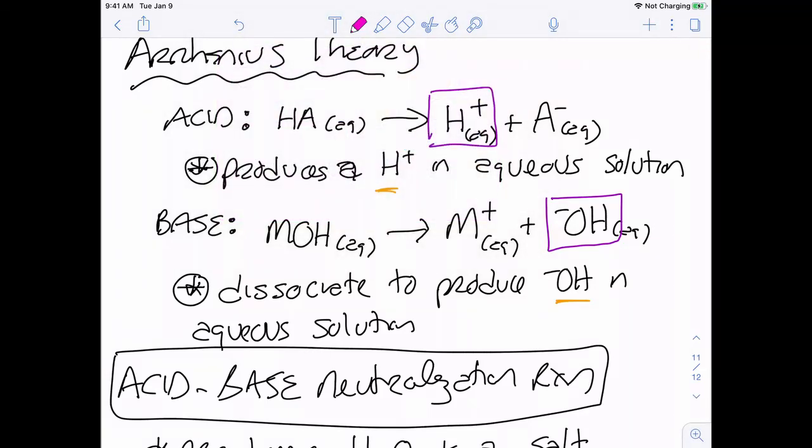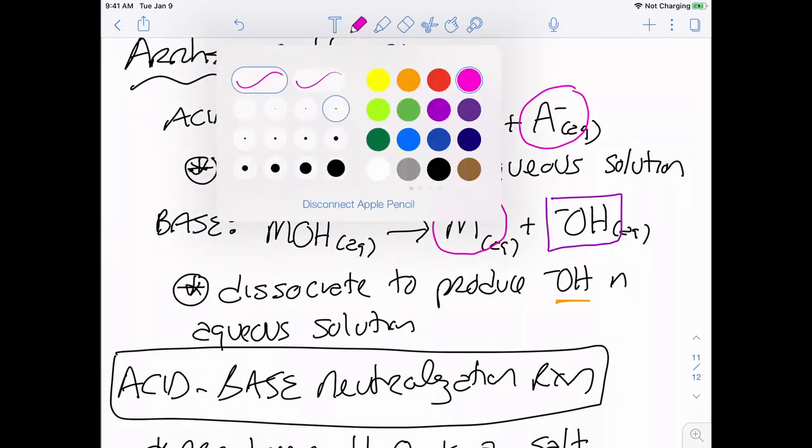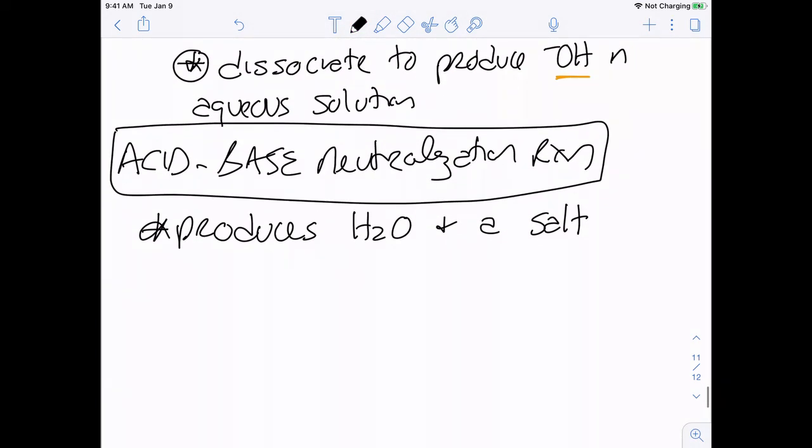And then we're going to take the metal cation and combine it with my anion, and that's going to give me my salt. So it is a type of double replacement reaction if you want to think about it that way. When we went through the types of reactions, we did classify it as its own type. But if it helps you to get the products, you can think about it that way.